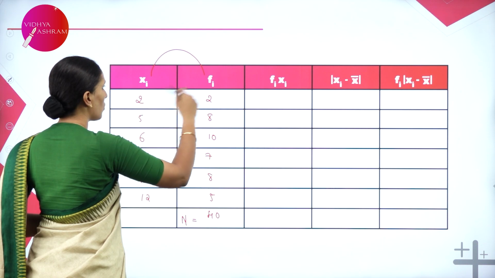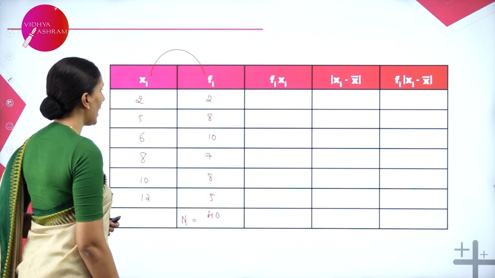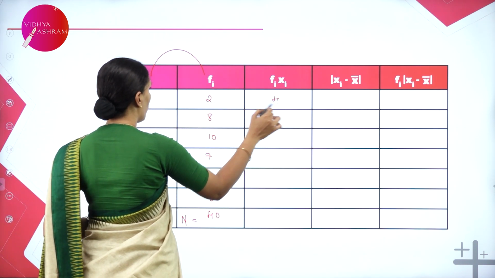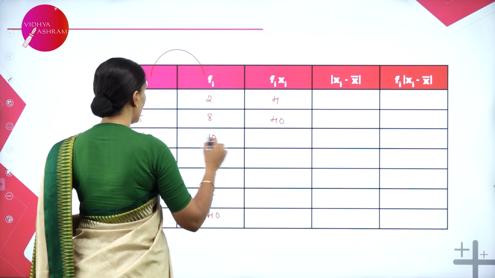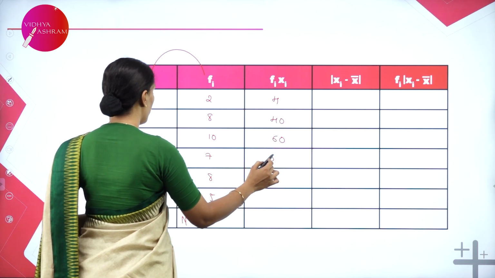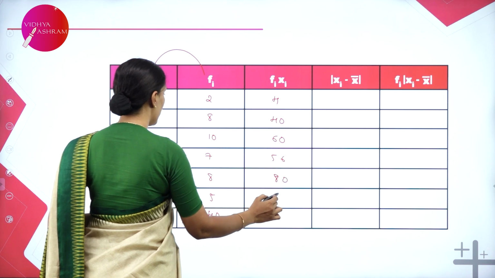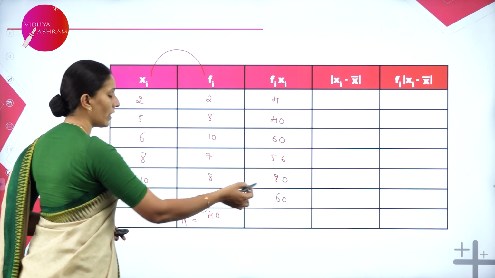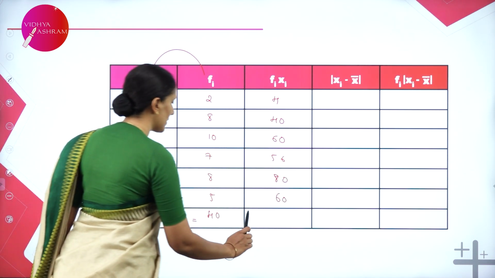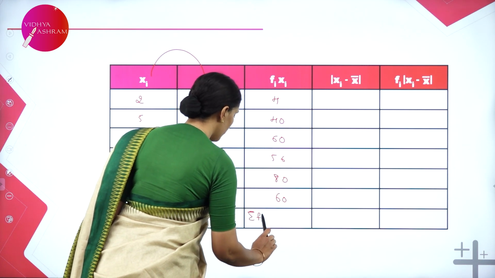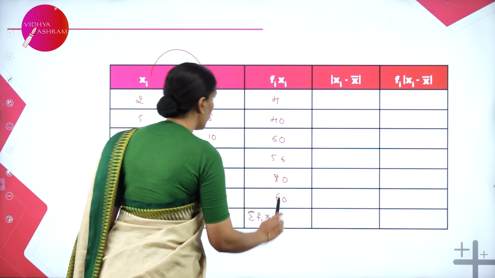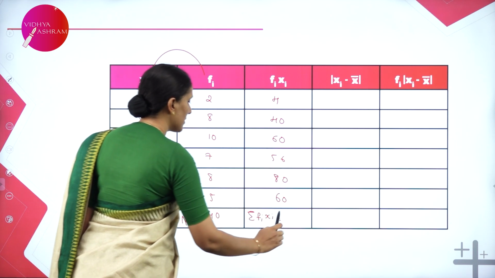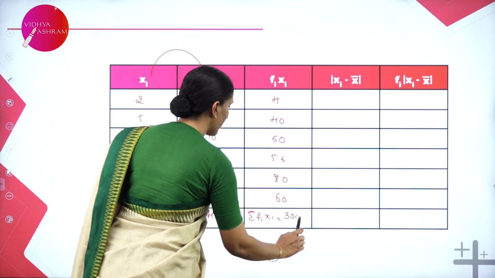So, 2 2s are 4, 5 8s are 40, 60, 56, 80, 60. Now, once you get the column fi xi, take the summation. When you add all these things, you will get the value as 300.